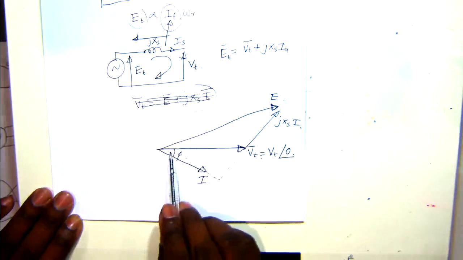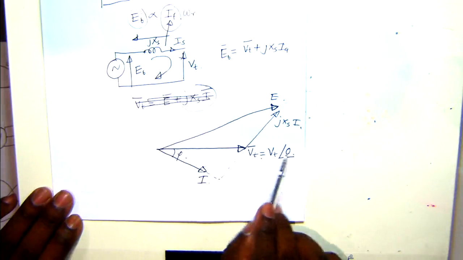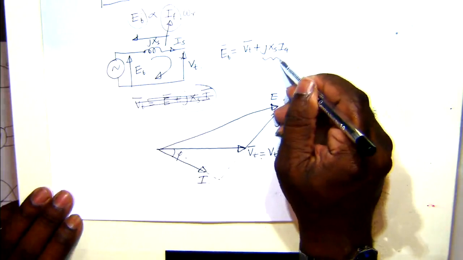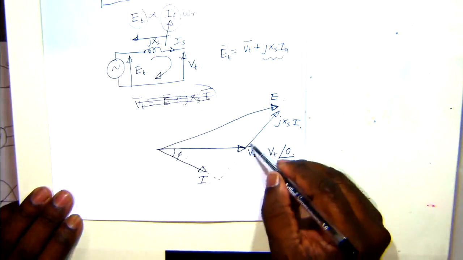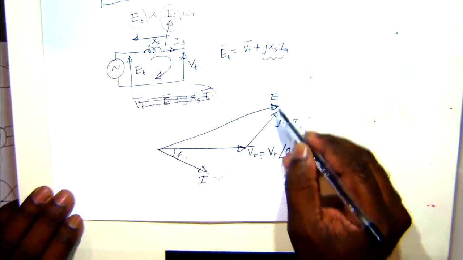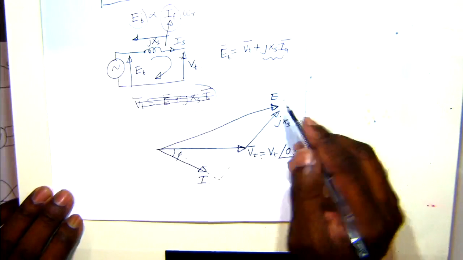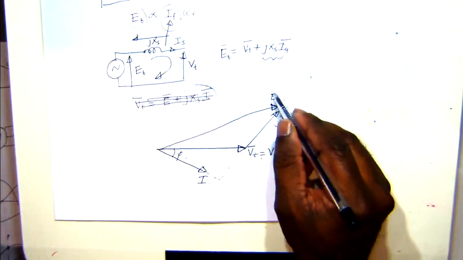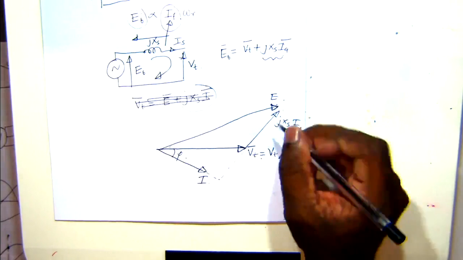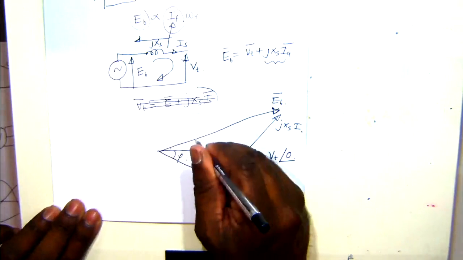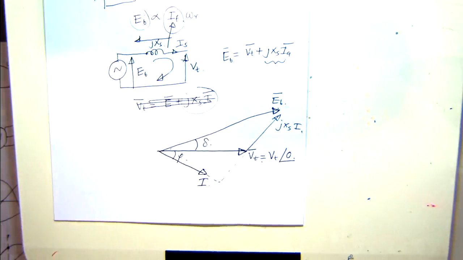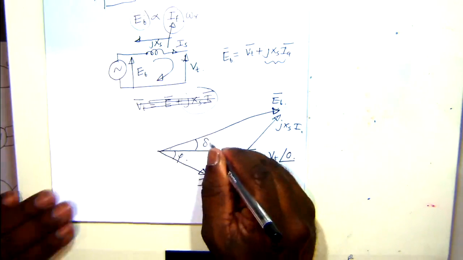So we draw Vt, our reference at 0, then the voltage drop across the reactance, and the phasor sum of those two corresponds to the excitation voltage. The excitation voltage has a phase angle delta, which we call the torque angle.